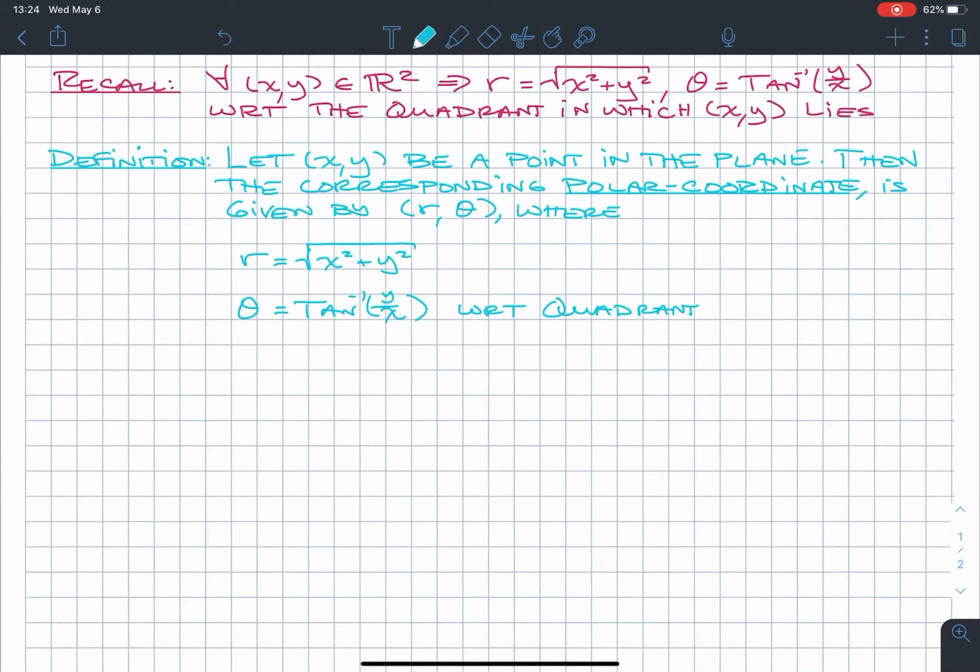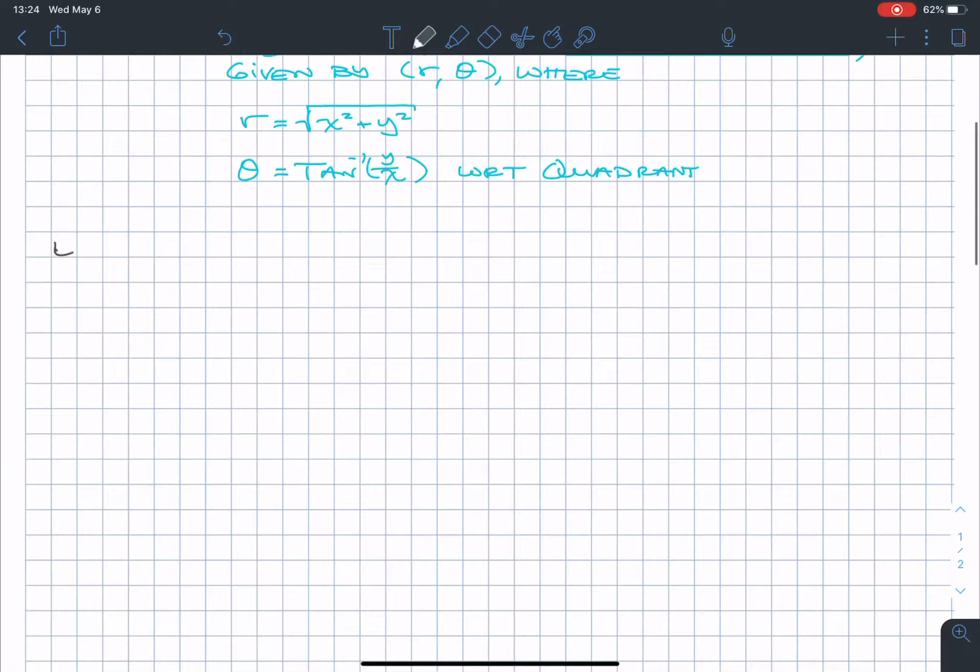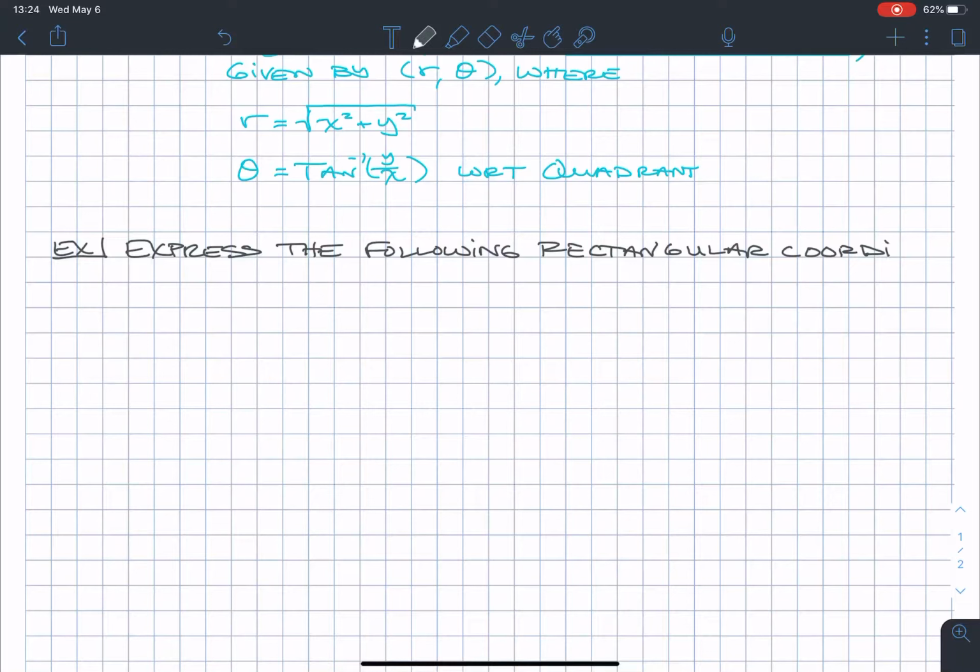Okay, so I think this might be easier via example, so let's go ahead and do an example. For example, let's express the following rectangular coordinates, meaning normal (x, y) coordinates, in polar form.